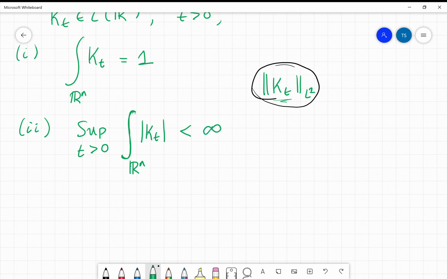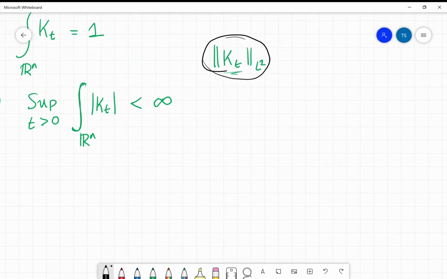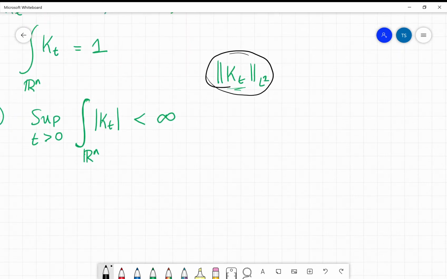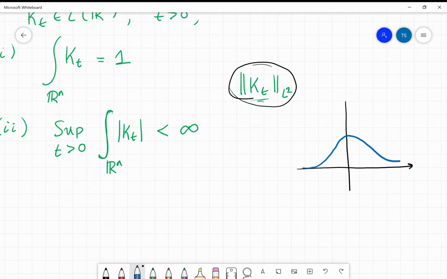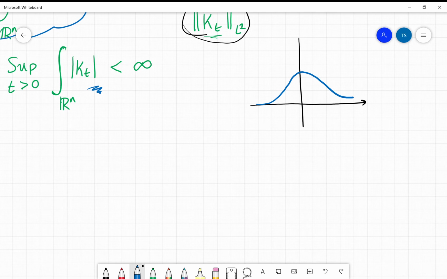Okay? Notice that this isn't the statement that kt must be bounded. We're not saying that. We're just saying that if at every moment of time you look at the norm, then it's finite. Now you might be tempted to say, hang on, isn't this meant to be 1? Well, no, this is the normalization right here. Essentially you can't have something like this happening.